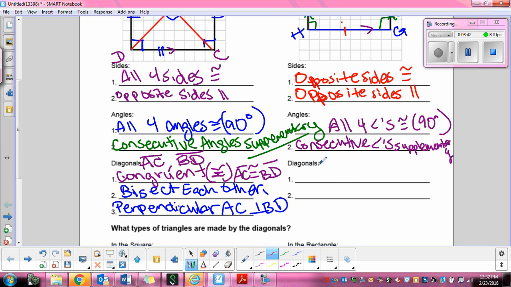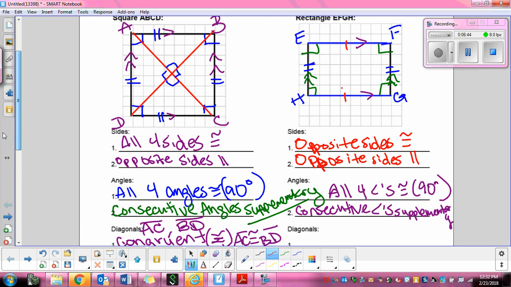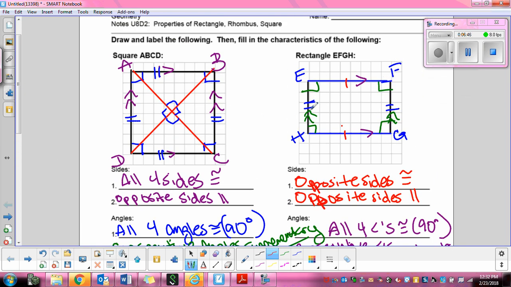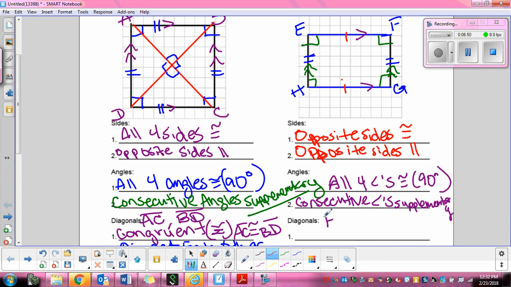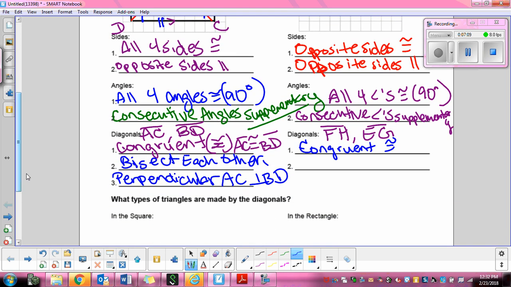My diagonals are going to be FH and EG. And I know that my diagonals are going to be congruent. They're equal. Okay. And they bisect each other also.